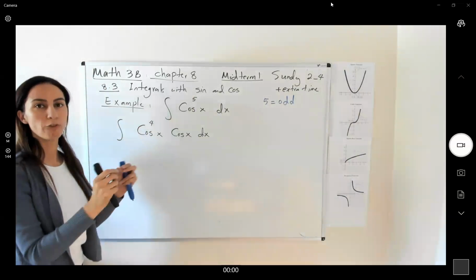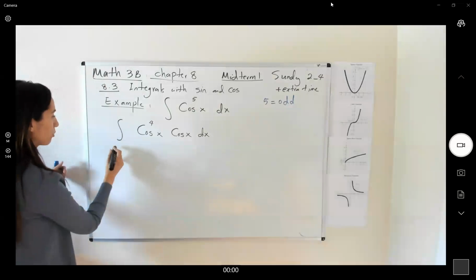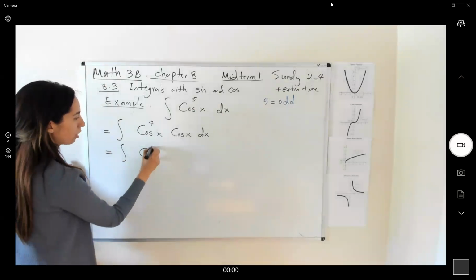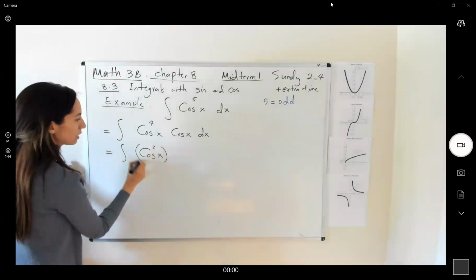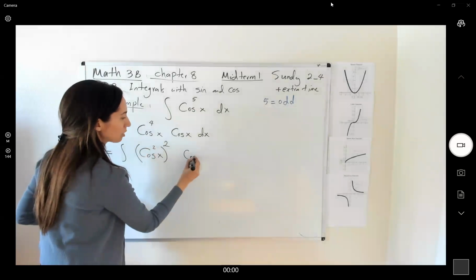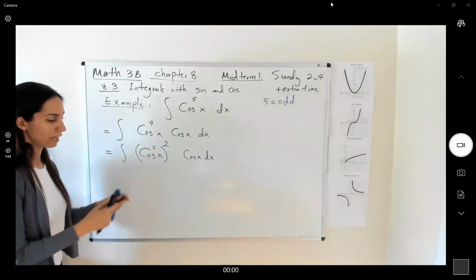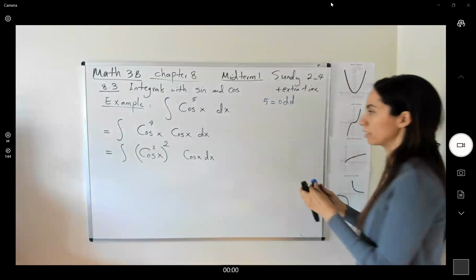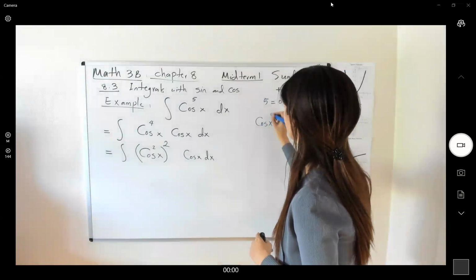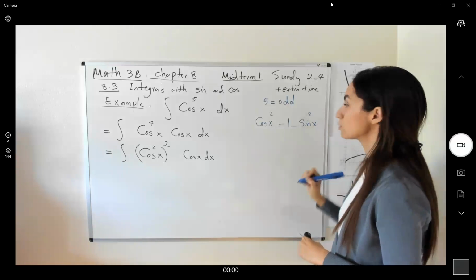Also, cosine to the fourth can be written as cosine squared raised to the second power. So this integral is equal to cosine squared raised to the second, and let's copy down the rest of it, cosine x dx. At the same time, I know that cosine squared is equal to 1 minus sine squared.